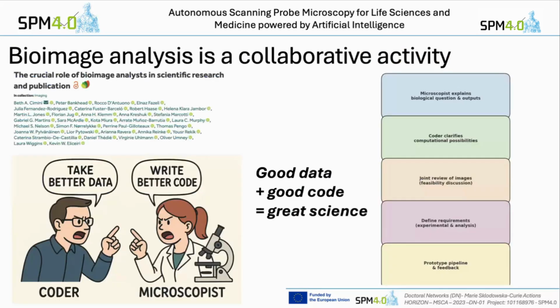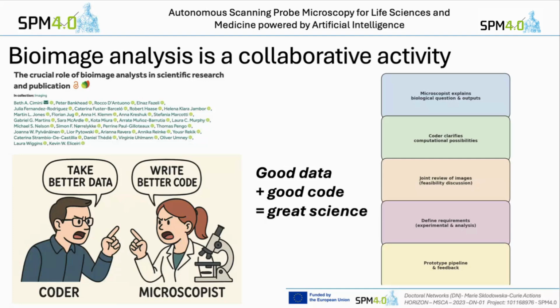We need to work well together between experimentalists and computational people. This is always an argument we're having in our lab between the two sides. The coders always want us to take better data. We always want them to write better code to fix all the mistakes that we're making. But we usually find a good middle ground.